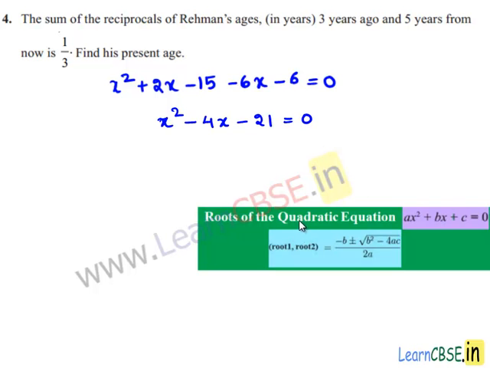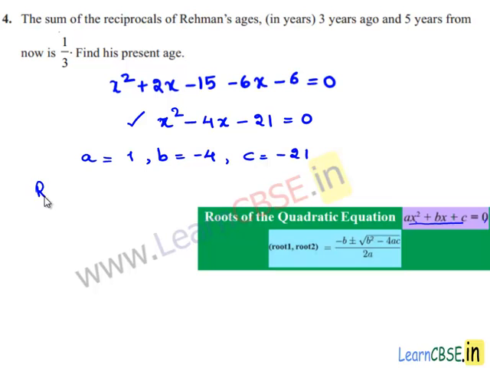So for a quadratic equation, ax square plus bx plus c, the roots are minus b plus or minus root of b square minus 4ac divided by 2a. Comparing the given equation with the standard equation, we get a is equal to 1, b is equal to minus 4 and c is equal to minus 21.